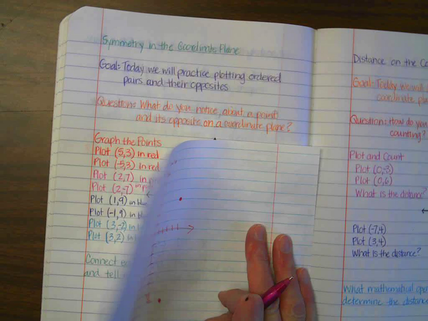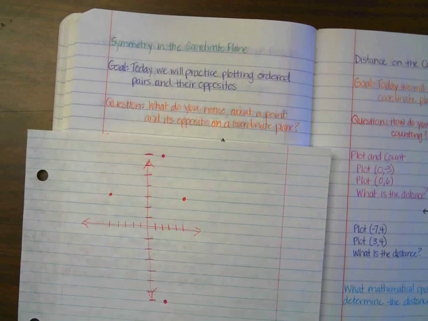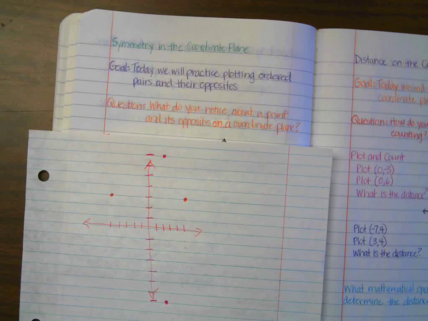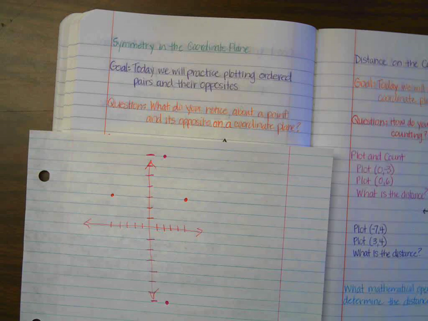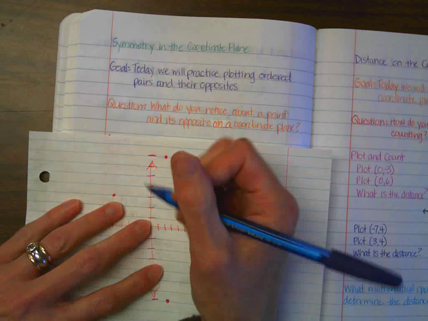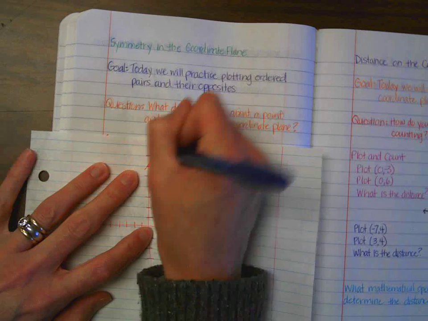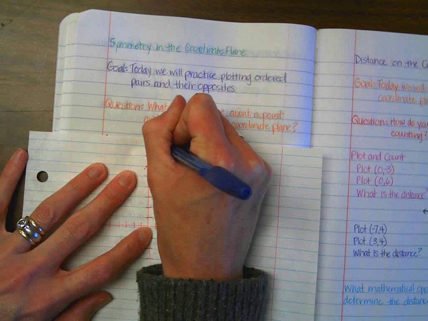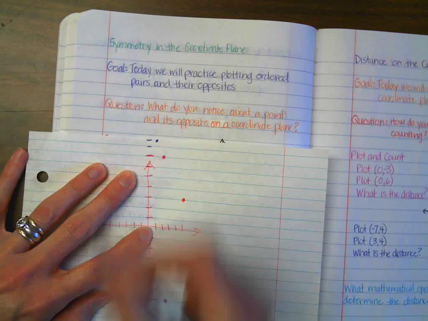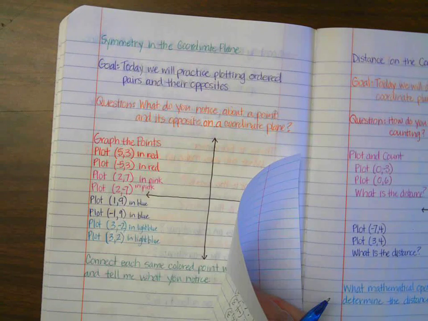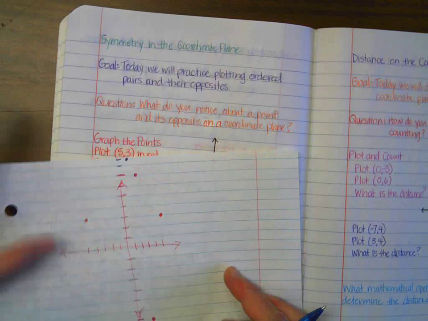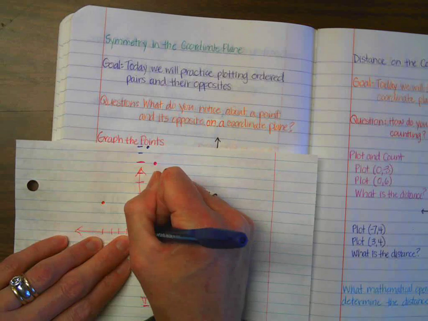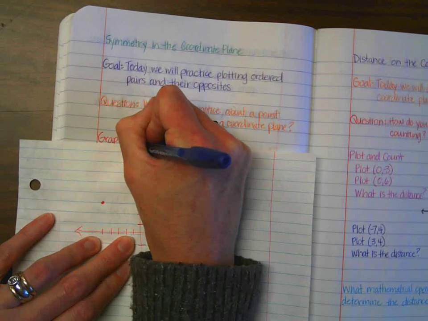The next one says trade pens again and plot 1, 9 in blue. So I'm going to get my blue pen. 1, 9: I'm going to go to the right 1 and up 9, so that one would sit about here. The second one said -1, 9, so I'm going to go to the left one and up 9.